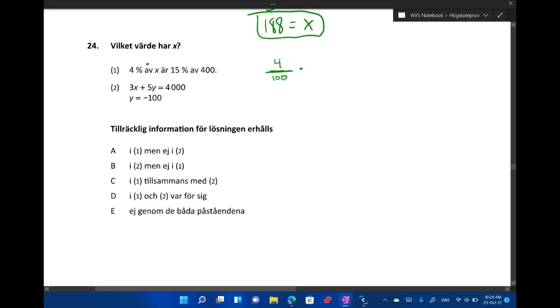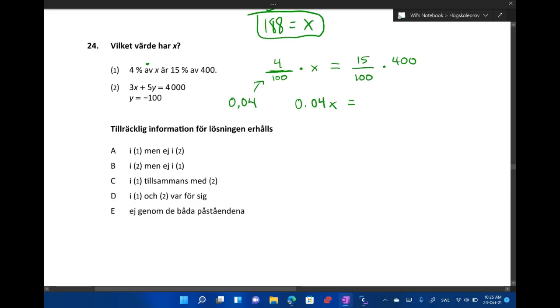So 4% of x is equal to 15%, 15 over 100, of 400. So now let's solve for x. This is going to be 0.04x, because this is 0.04.